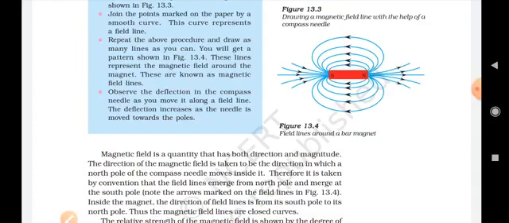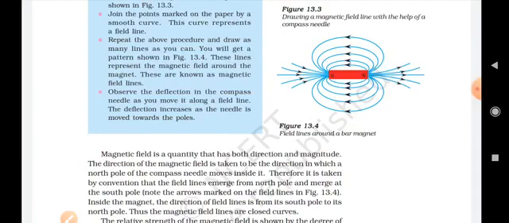So outside the bar magnet, students, the magnetic field lines come out and move from the north pole to the south pole, but inside the bar magnet, they move from the south pole to the north pole. Okay, so this is how we came to know that the magnetic field lines go from the north pole to the south pole and can be represented by the curves here.